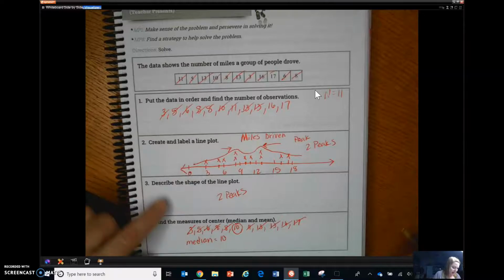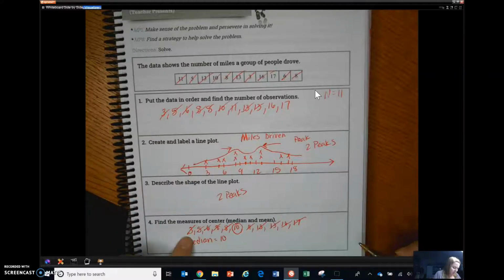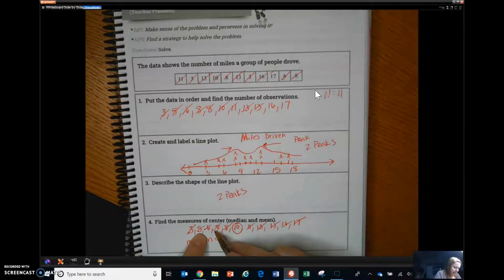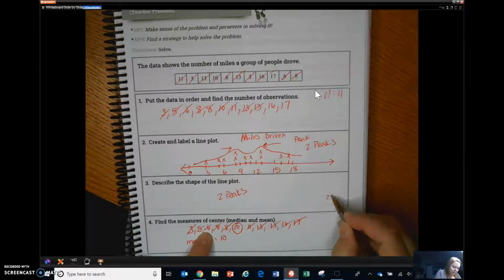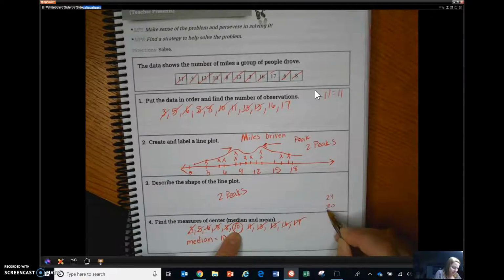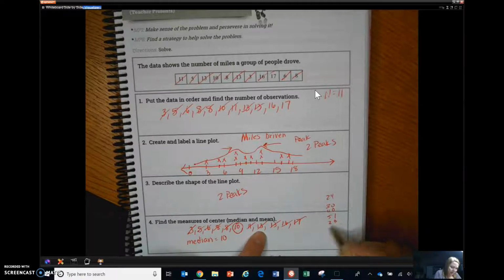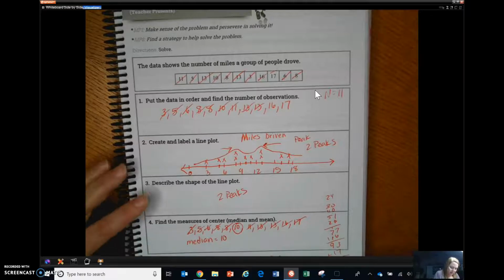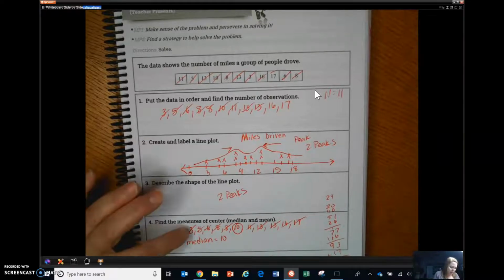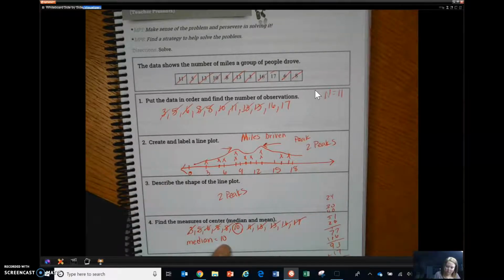So I have, let's see, 3 plus 5 is 8. 8 times 3 is 24, plus 6 is 30, 40, 51. I think I might have missed one.